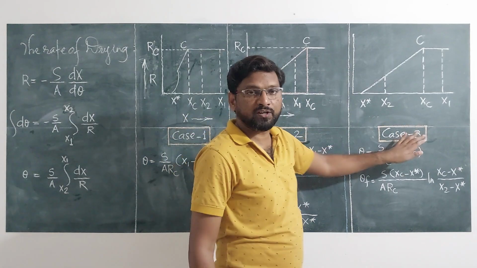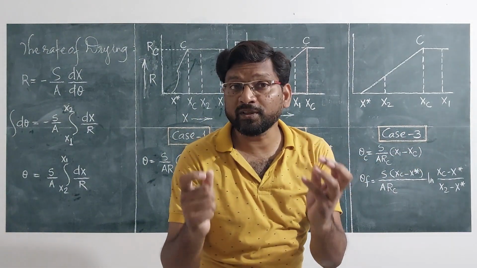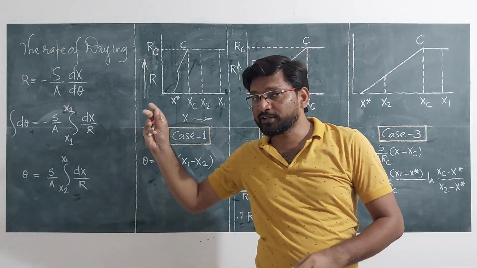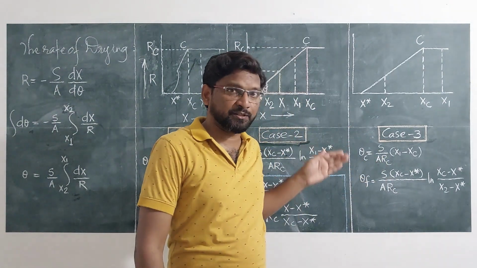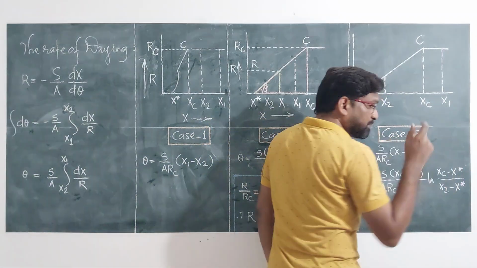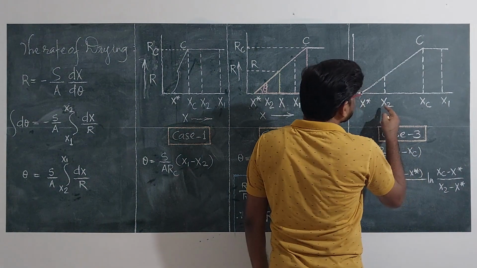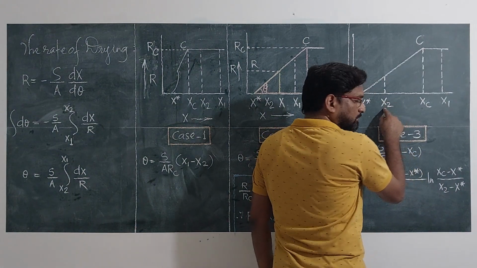Now there is one more case, and what is that? It's the combination of both the constant rate period and the falling rate period. The wet material contains moisture equal to x1 and we have to dry it to x2.